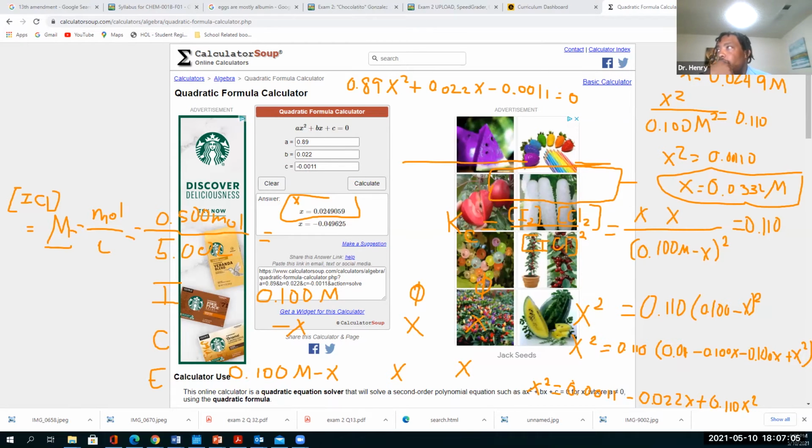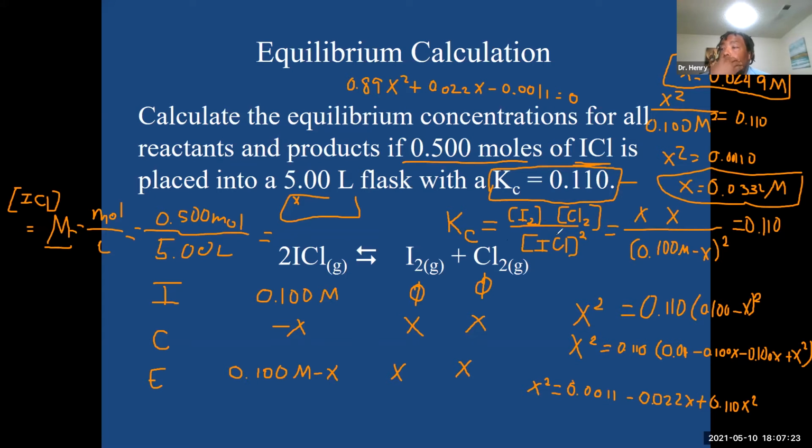Okay, so we know that this would be the molarity. This is how much is being generated for our initial concentrations. Okay, so all of our X values are going to be those values. And then the equilibrium concentration for this guy is just going to be that 0.100 minus 0.0249.